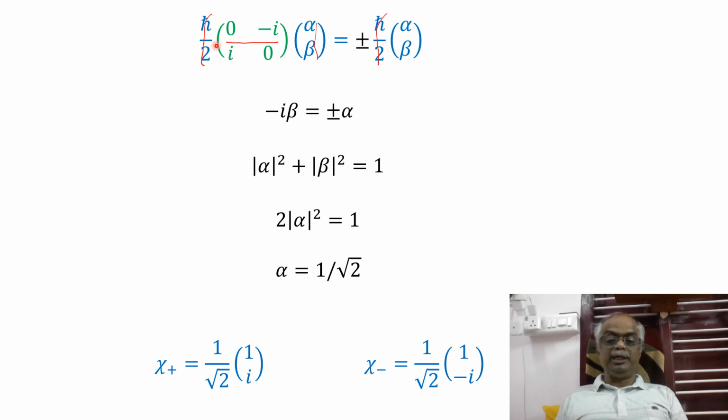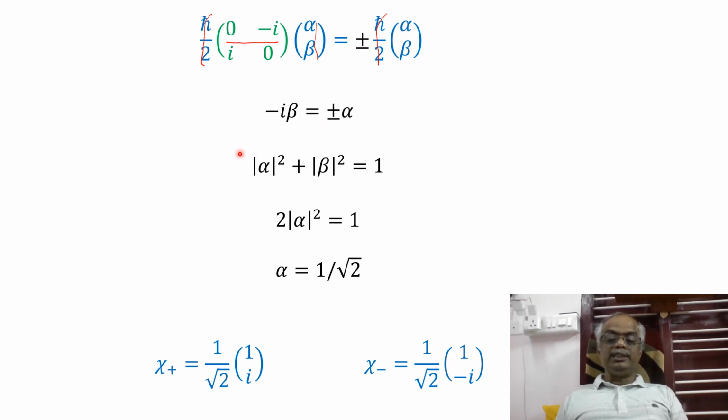If you multiply this row and this column, you will get minus i beta. So the corresponding first element on the right hand side is plus or minus alpha, because we have removed ħ/2 from both sides.